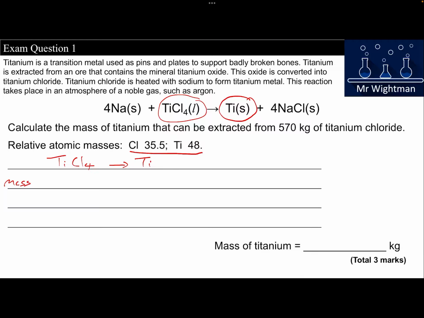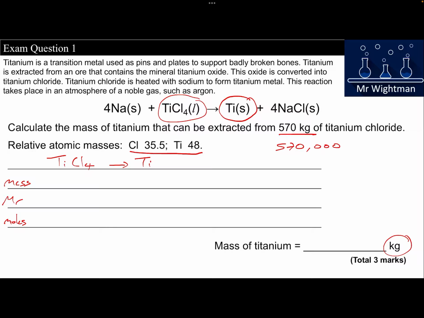So because the question involves a mass, I'll write mass on the left-hand side. There's no other information presented other than the relative atomic masses of the elements, so I'm going to have to use the periodic table, as it were, to work out the MR to calculate moles. The mass is 570 kilograms. You should usually convert to grams, but appreciate that you probably wouldn't need to do that in this case, especially when the answer is asking us to be presented in kilograms.